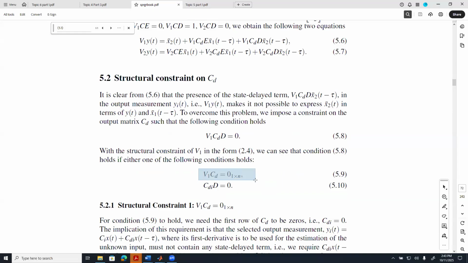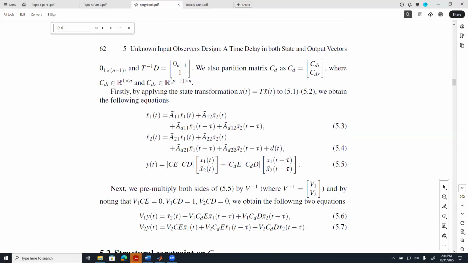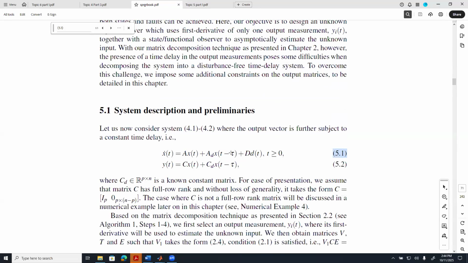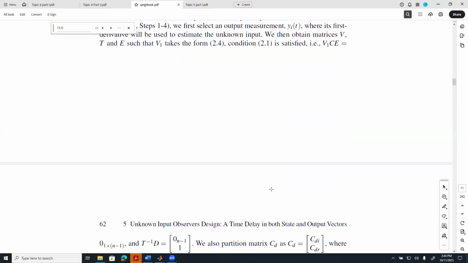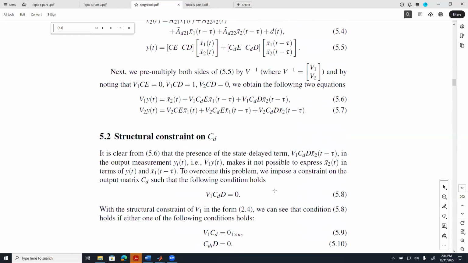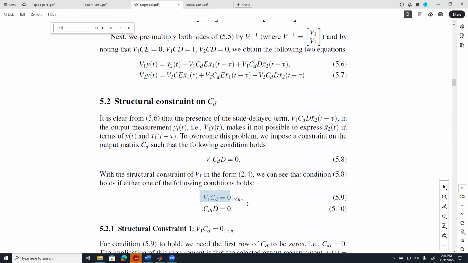Because V1 is of a specific structure, which has the non-zero element in the first entry and the rest of them 0, the first row of matrix CD has to be 0. So when it comes to the estimation of the unknown input for a time delay system with this term in there, we look at constraint number 1 here.